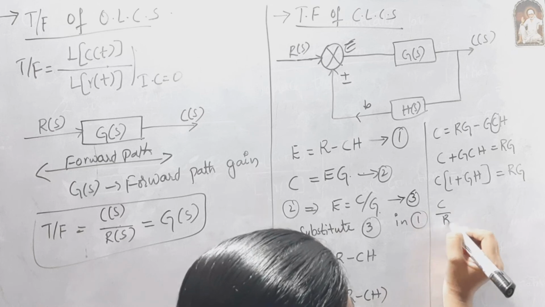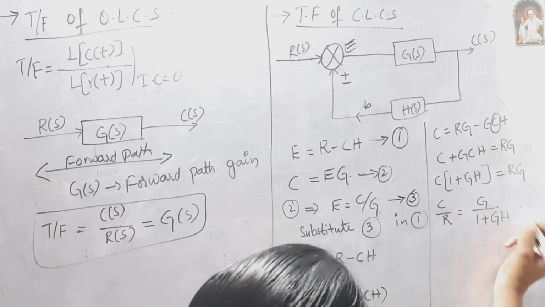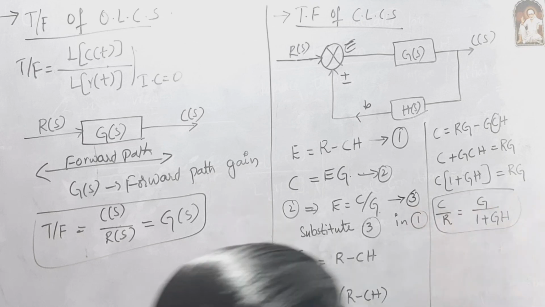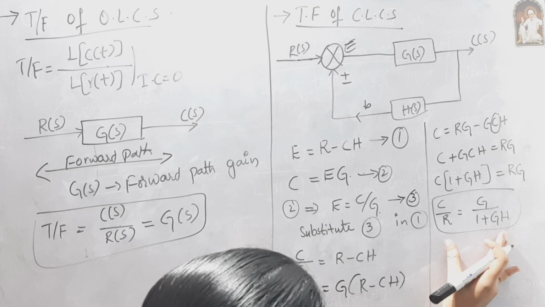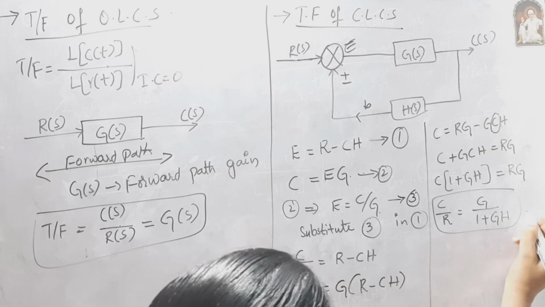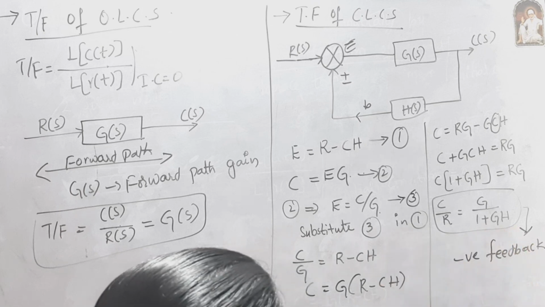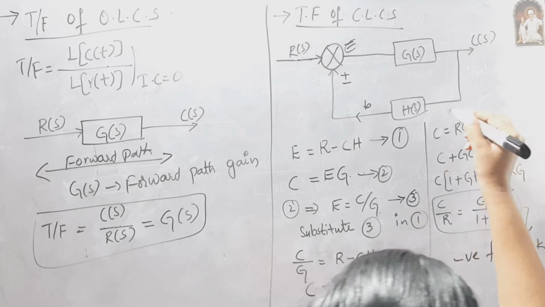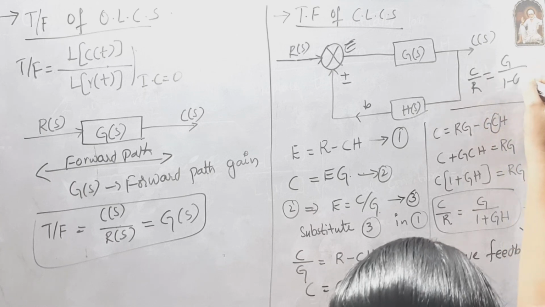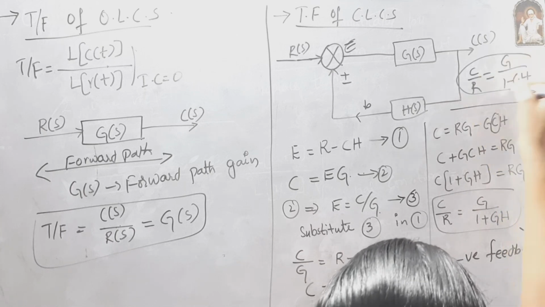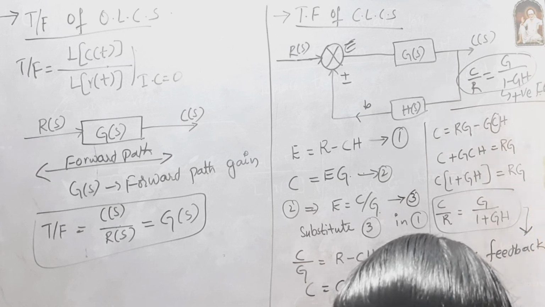C by R equals G by 1 plus GH. This is the closed loop transfer function, the transfer function of closed loop control system for negative feedback. If I change the sign, C by R equals G by 1 minus GH. This is for positive feedback system.